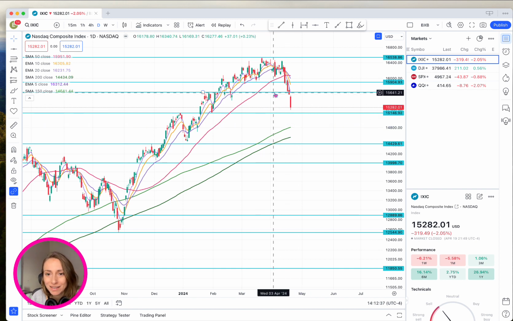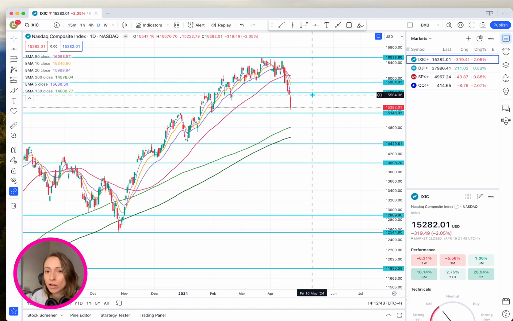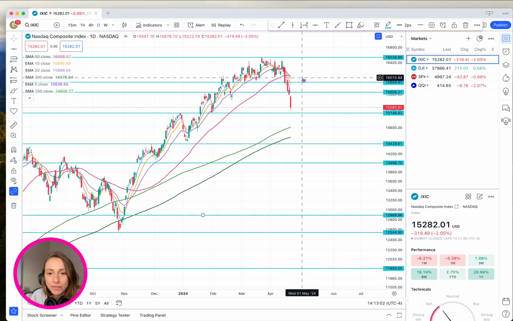So these are lines that we pre-drew based off of the past information, and you see that the NASDAQ just cut right through it. Okay, so even though we cut right through it, you can see where the NASDAQ paused or ended that day around that line, then tried to go back up, but it rejected it.